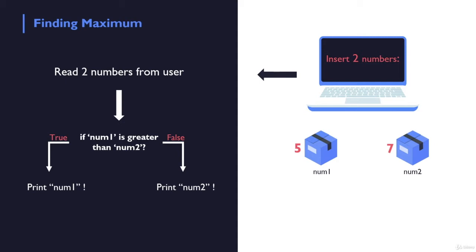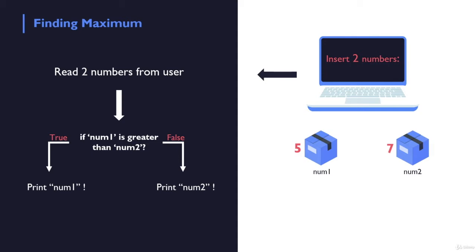So you check the condition if num1 is greater than num2, and based on the result of this condition, you do one of the following options. If the result of the condition was true, then you simply print max equals to num1, as you can see on the left side of this branch.